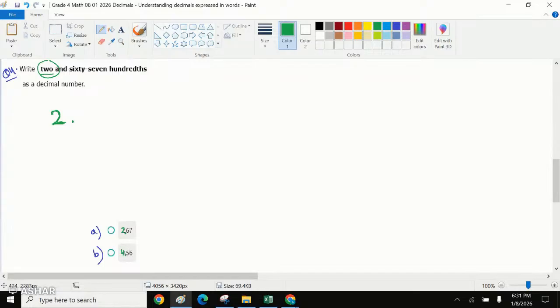That means option B cannot be the answer, right? Simply by looking at the options, we can discard the incorrect answer also, right? But preferable is we find the complete statement. That means 2 and 67/100, right? We can say option A is the correct answer, right?